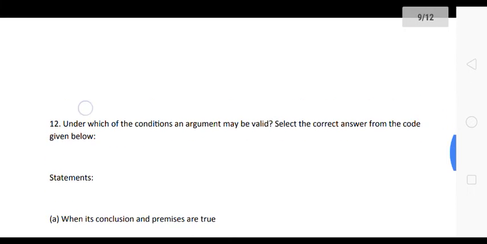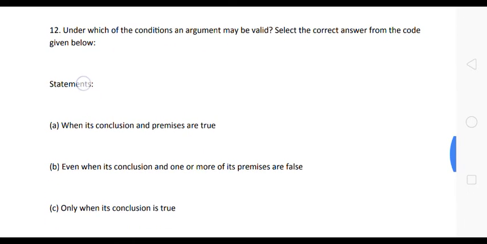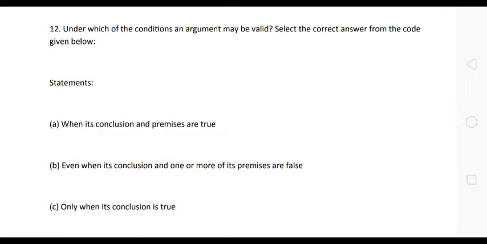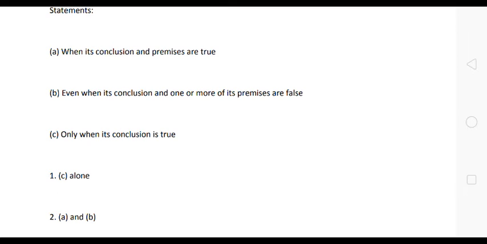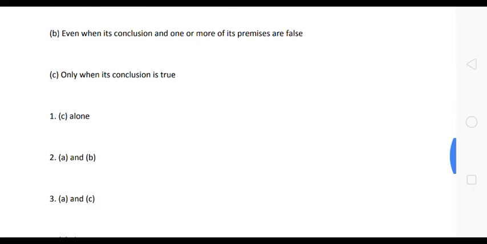The next question is, under which of the conditions an argument may be valid? Select the correct answer from the code given below. Statements are: A, when its conclusion and premises are true. B, even when its conclusion and one or more of its premises are false. C, only when its conclusion is true.